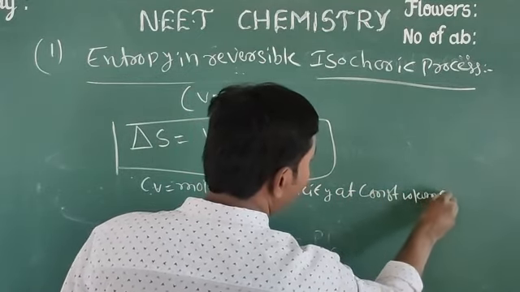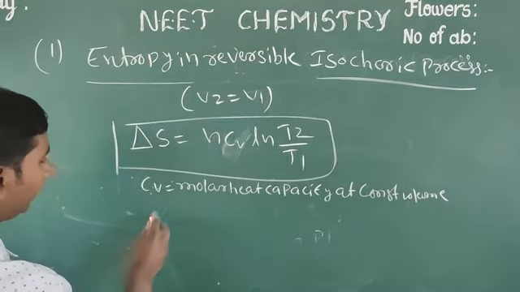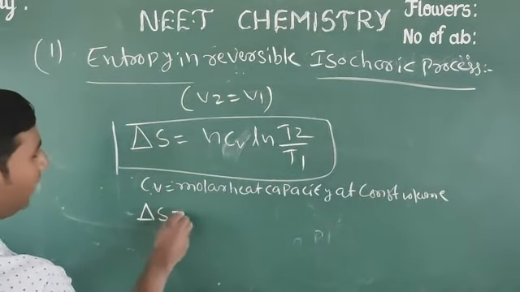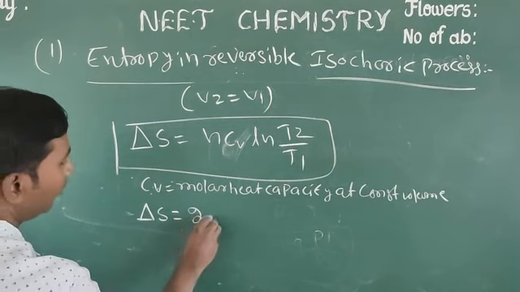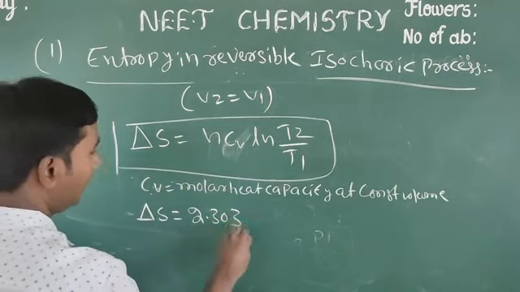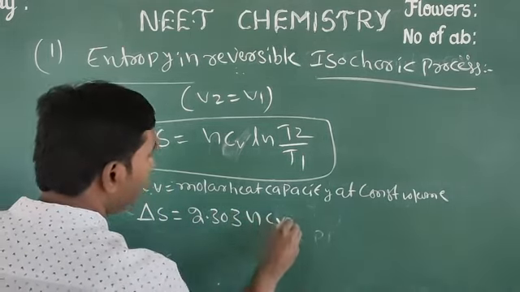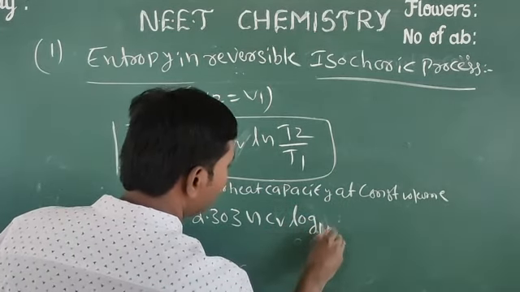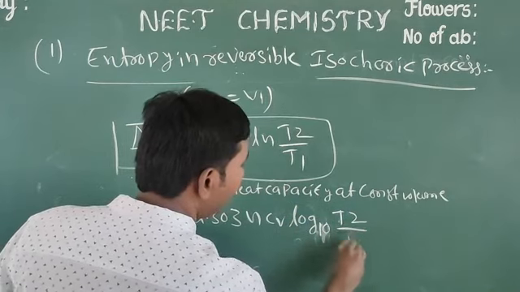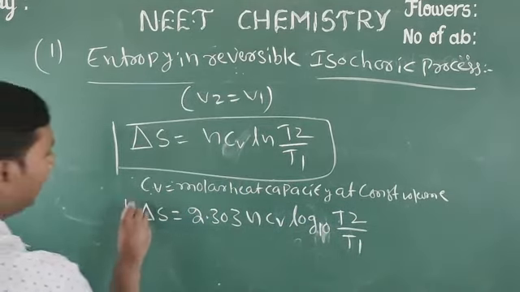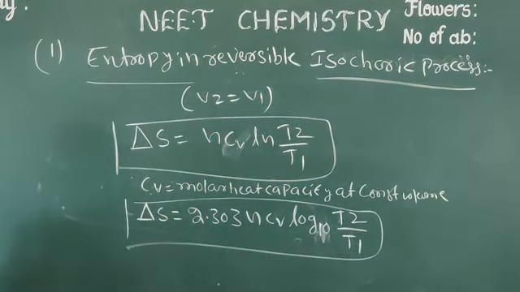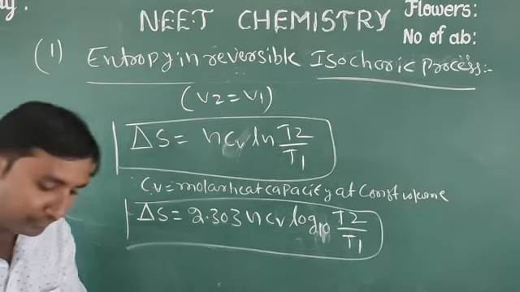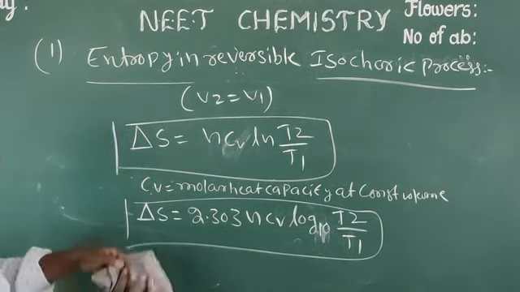In logarithm, del S equals 2.303 nCv log10 T2 by T1. This is the isochoric process. Next one.